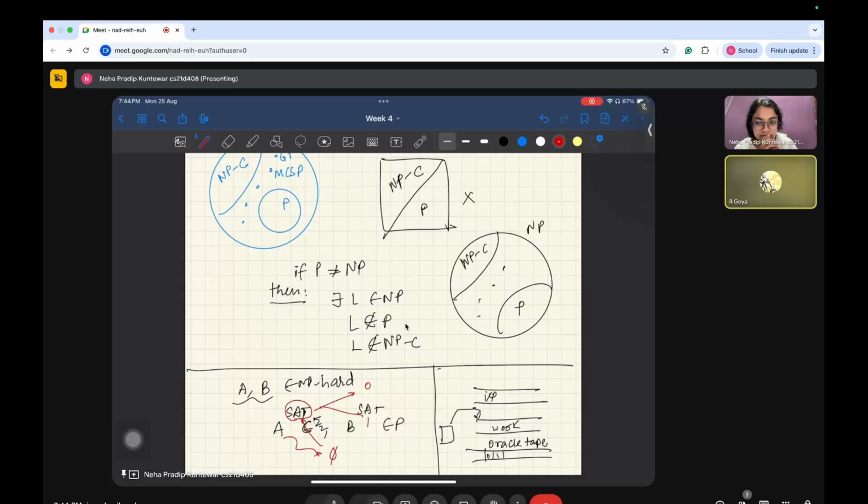I might have forgotten, but probably in the lecture it was given somewhere that this need not be a language and it could be a complexity class as well, like P raised to the power NP, meaning Oracle access to NP. I think I need to check it, but if it's written that way, then it probably means some NP complete problem.